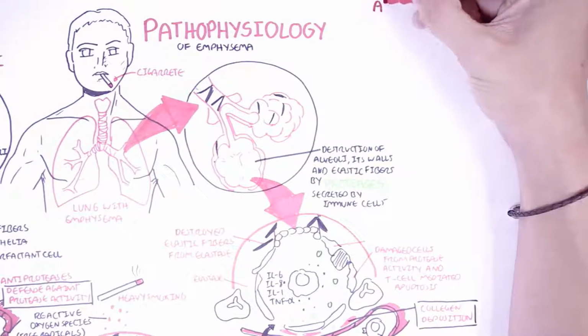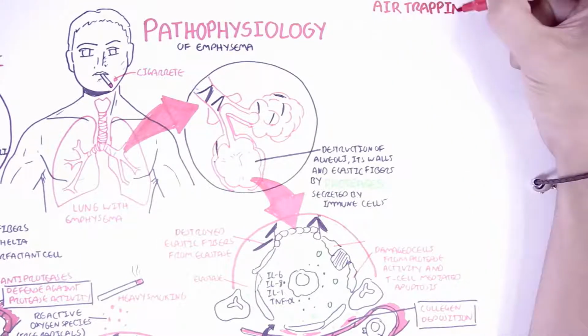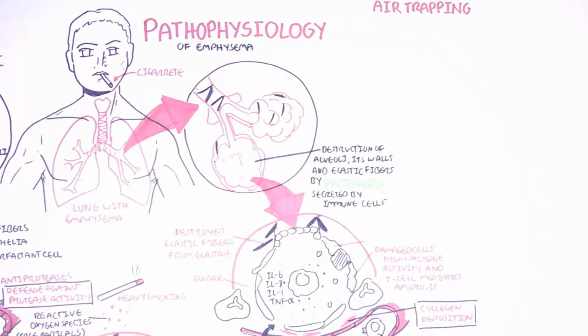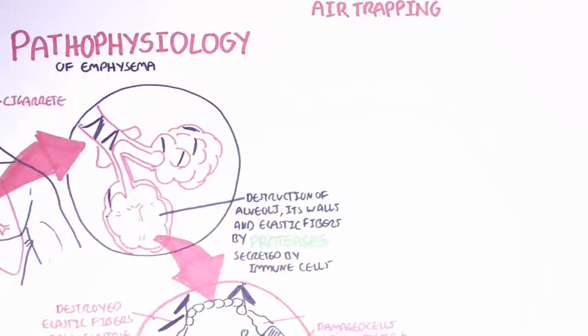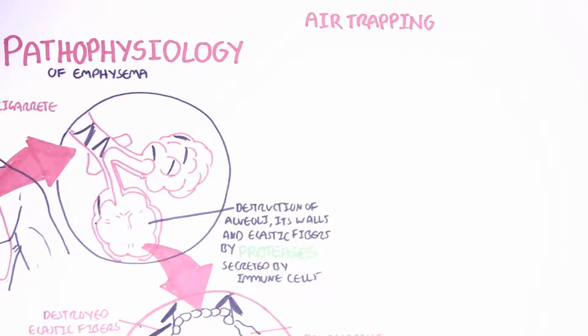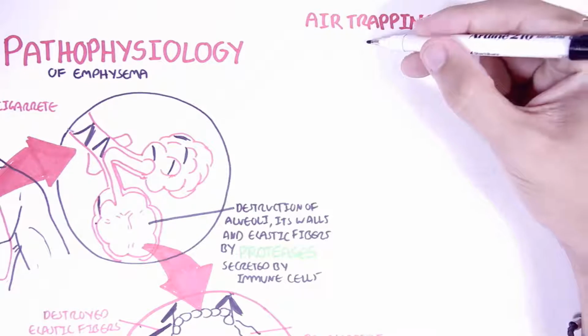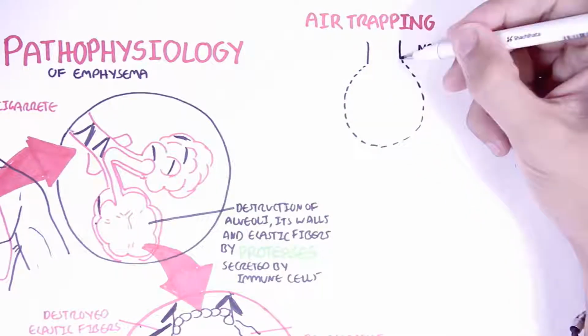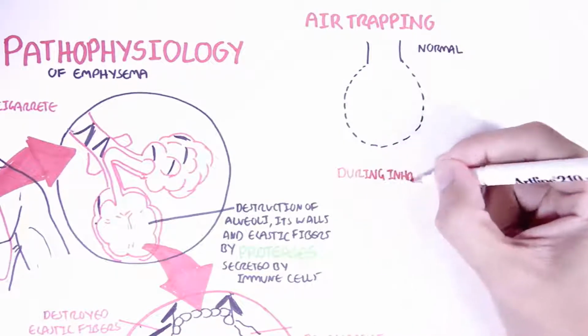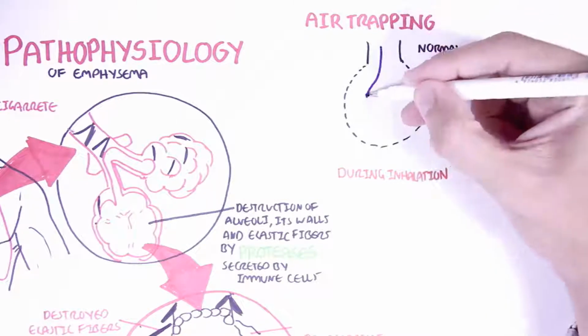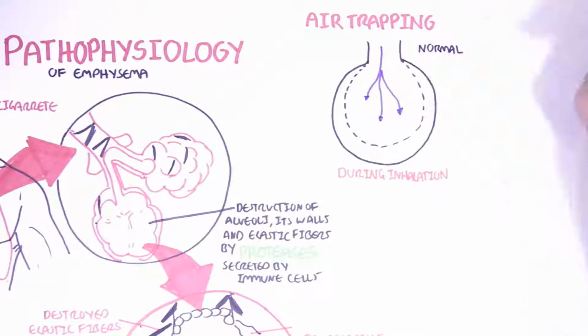Now let's look at another thing called air trapping, which occurs a lot in emphysema. Air trapping is essentially when we breathe air in and it becomes trapped, and it's very difficult to breathe out, essentially exhale. To understand the mechanism behind this, we need to see the normal lungs first. So here we have the normal alveolus that will expand during inhalation of air.